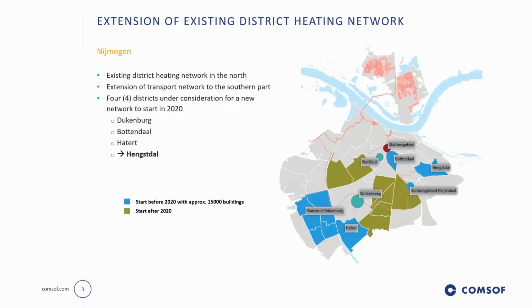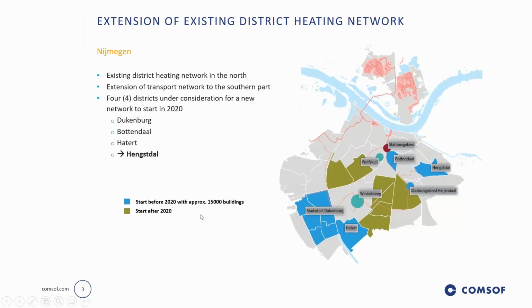Here we have the city of Nijmegen in the Netherlands. They currently have a district heating network in the north of the city, and they are now investigating to deploy multiple extensions in the south city.